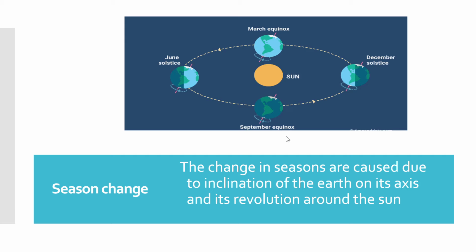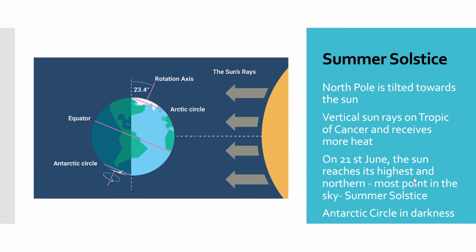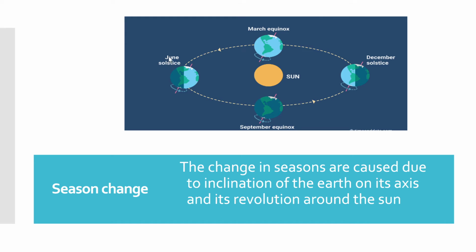So you can see autumn equinox and spring equinox. Now we are going to discuss about these solstice and equinox. To begin with is the summer solstice, means we are going to start with this. June solstice means summer solstice.